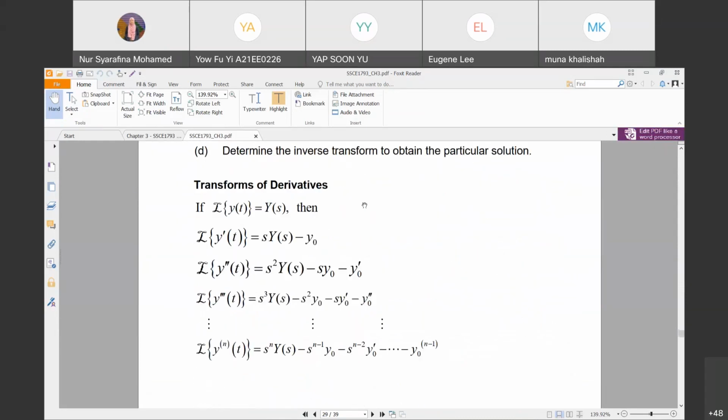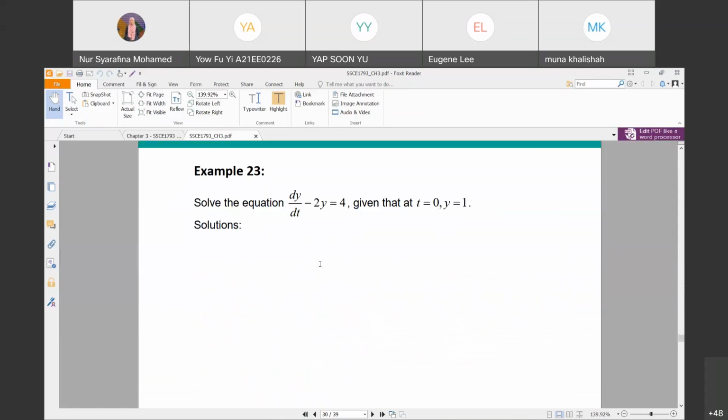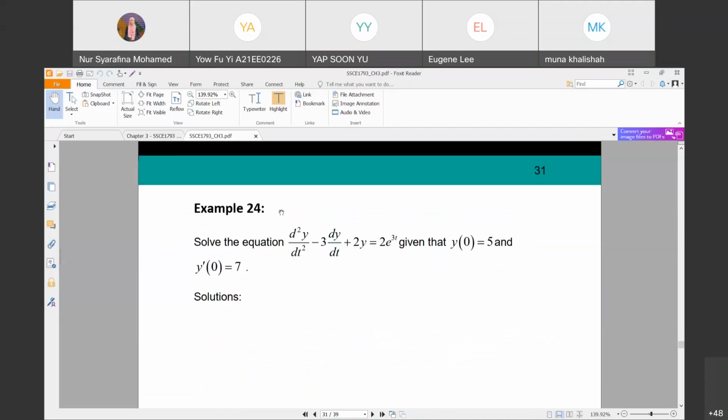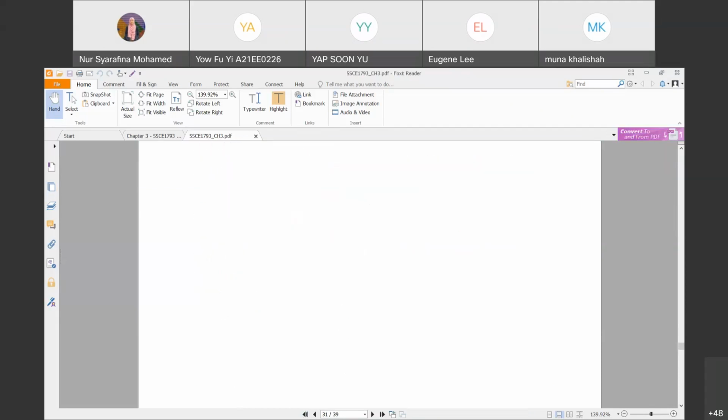So this is how to transform the derivative, and this is the form of solving the differential equation. Before this, we learned how to solve directly from linear and separation of variables, but now we want to implement the Laplace transform. We are still in this differential topic, but later we are going to solve it using the Laplace transform. That is the idea. Are we good, all of you?